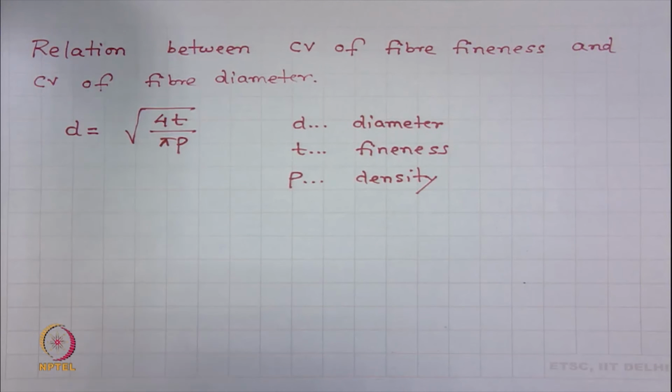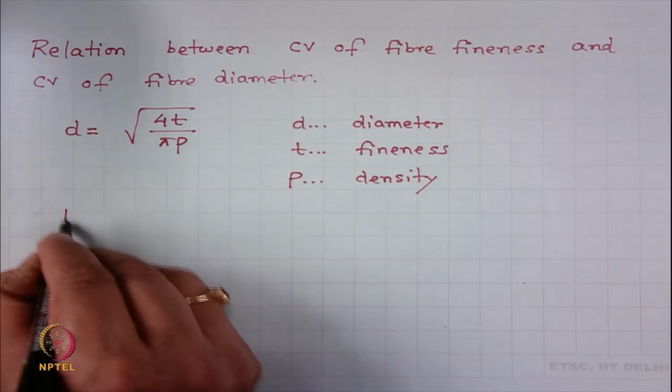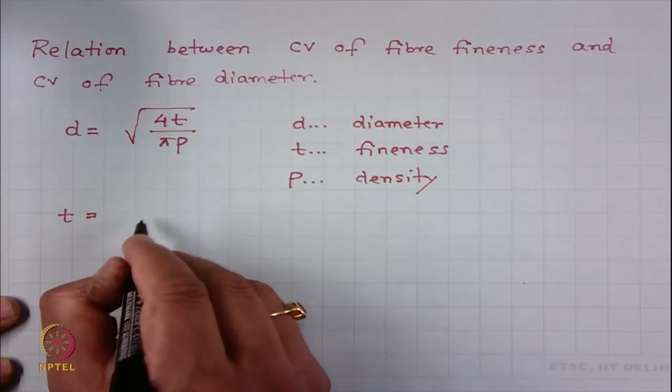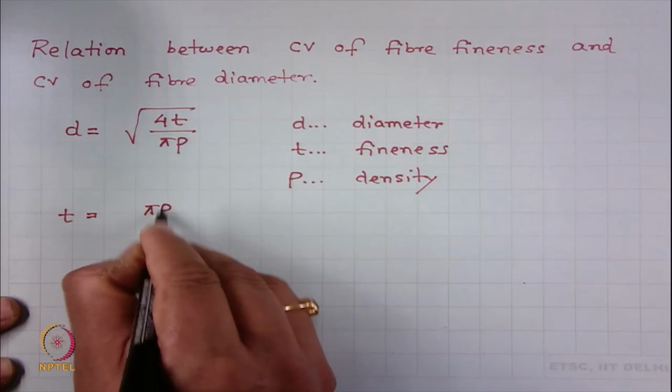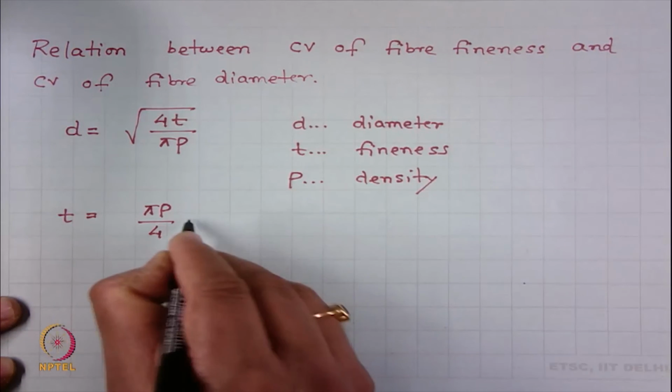Then we can write fiber fineness is equal to pi times rho by 4 into d square.